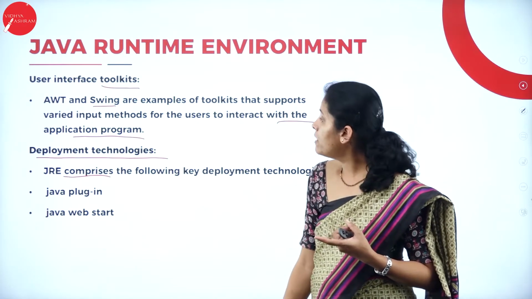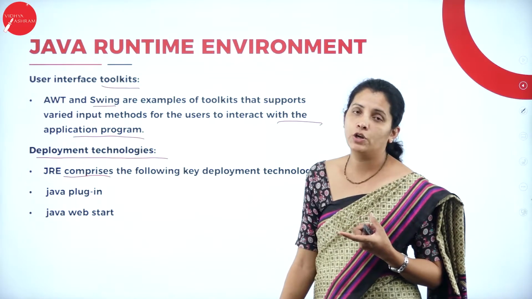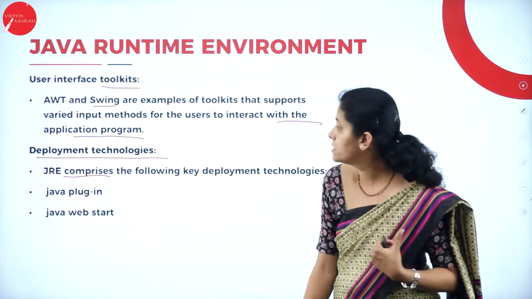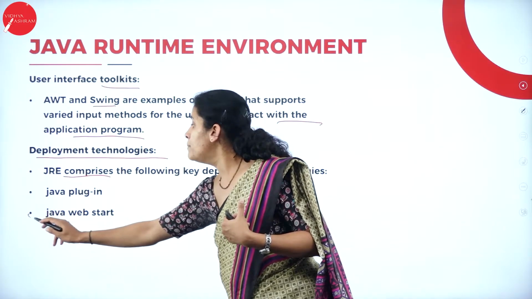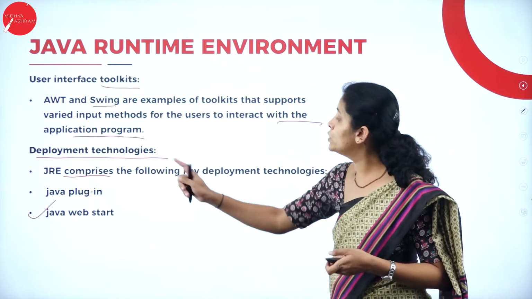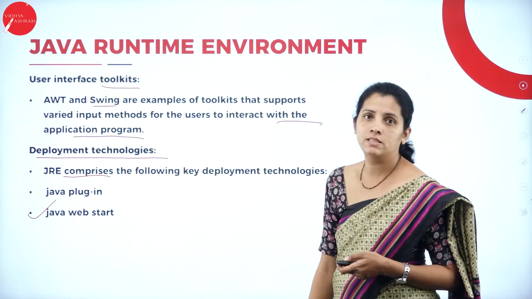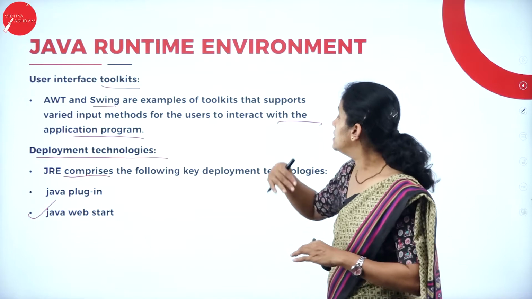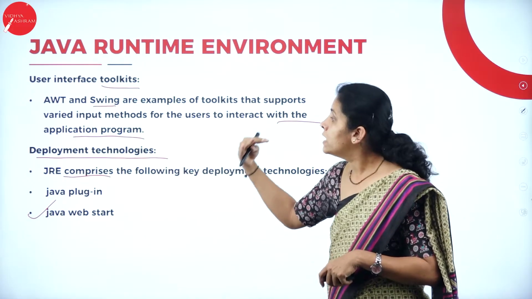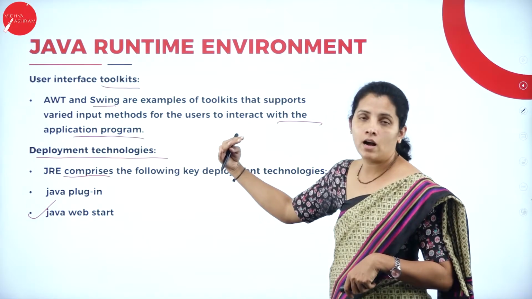Here the Java plugin is for your desktop systems or laptop systems, where I can deploy Java programs. I can also use Java Web Start. By using these two deployment technologies, I can deploy my Java program.